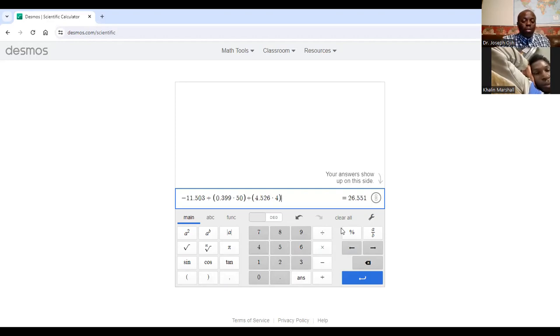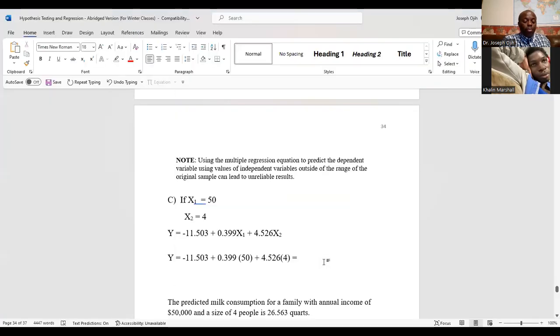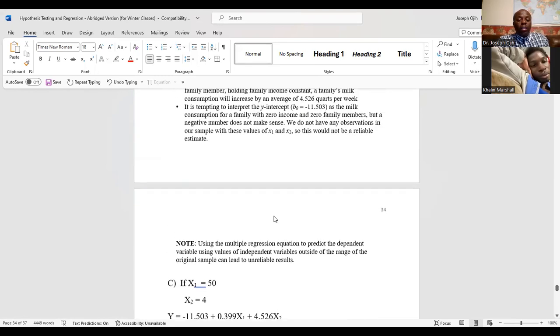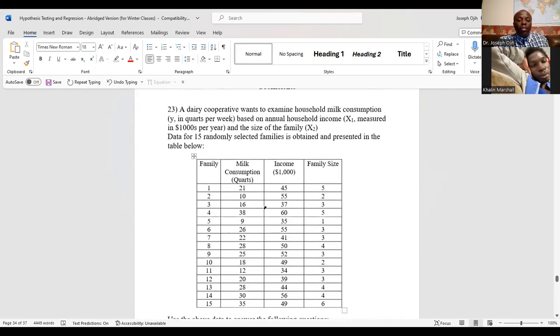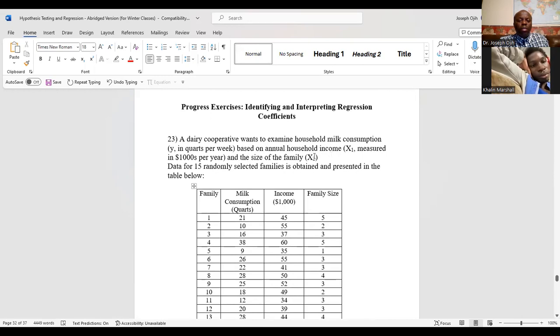26.551 quarts. Of course, you know that this is an adjusted number. I will explain in a minute. I said that milk consumption is measured in quarts.